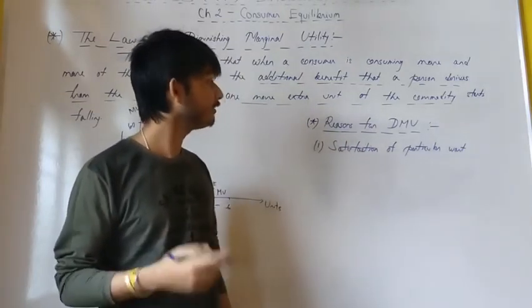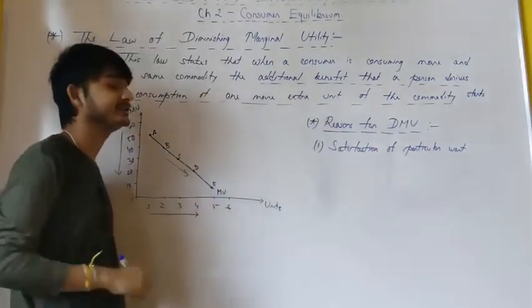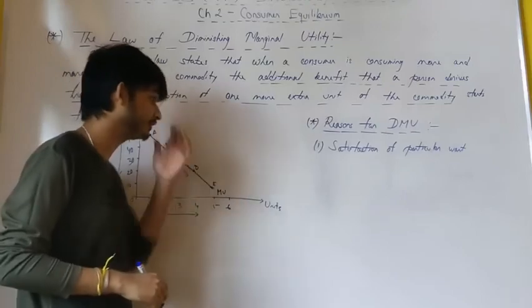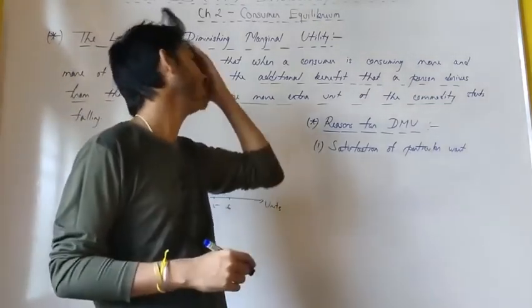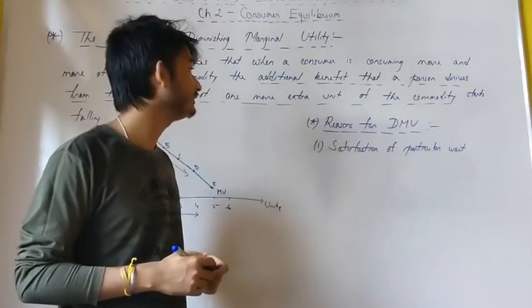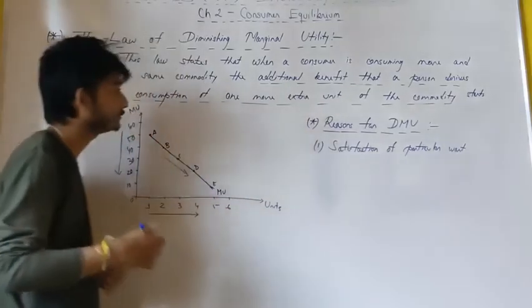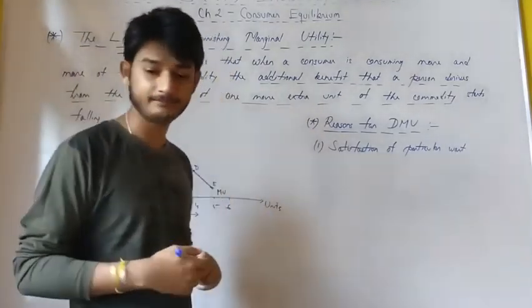So satisfaction of a particular want is the reason for the operation of diminishing marginal utility. That means whenever we try to satisfy a particular want, the additional benefit that a person derives from consuming one more unit of the commodity starts falling.